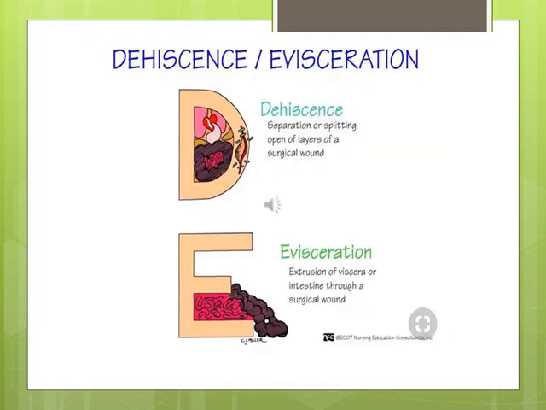If the skin and the subcutaneous tissue are maintained, but the wound in the deep layers is open, this is called partial wound dehiscence. But if the skin, the subcutaneous tissue, and the musculoaponeurotic layer are opened and the bowel is herniated with evisceration, this is called complete wound dehiscence, also called burst abdomen.